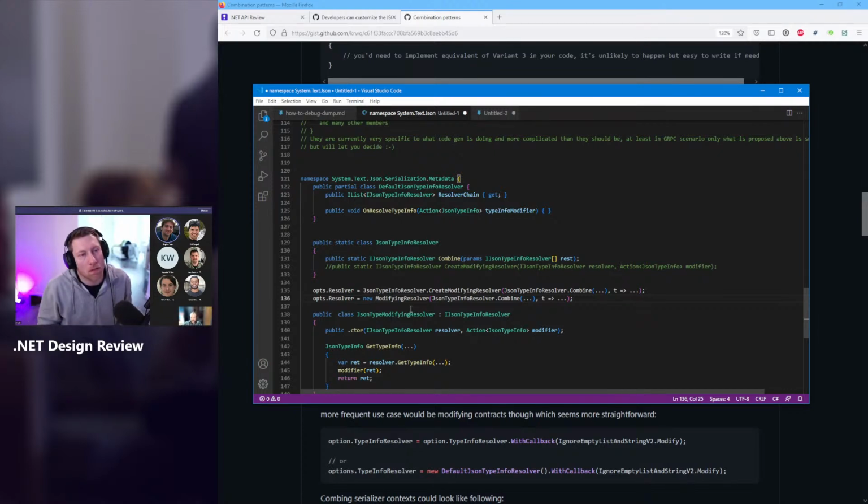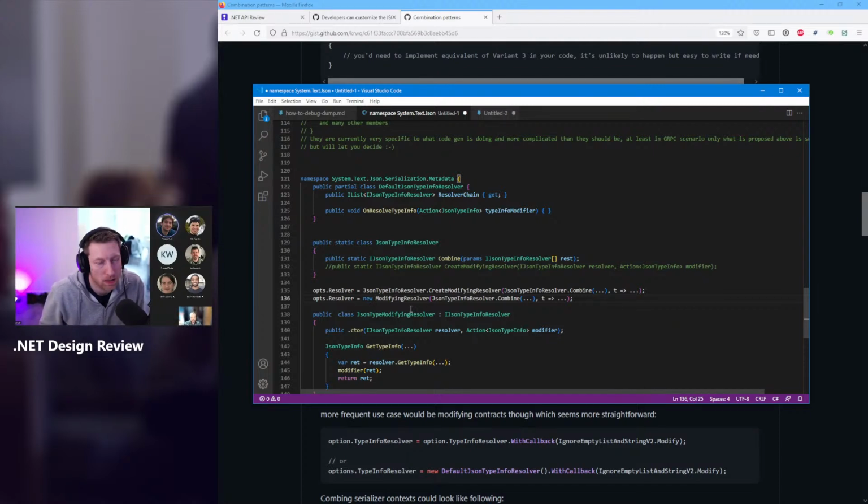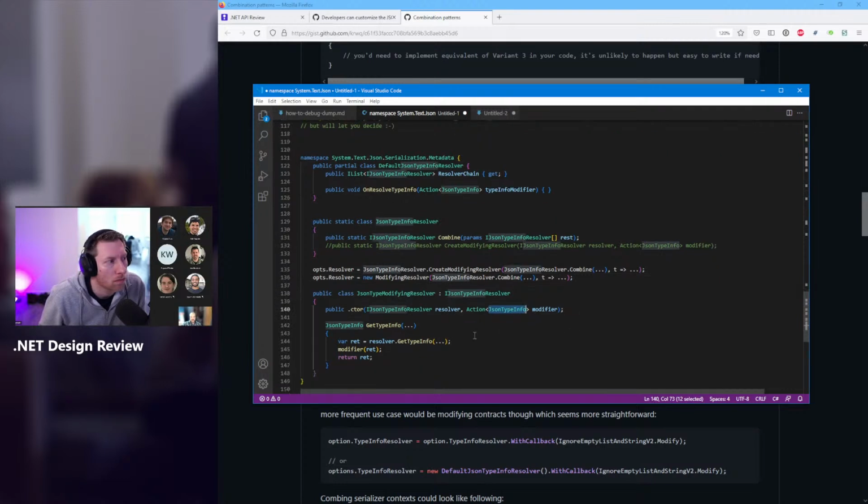It gets the data from that other resolver, and then it modifies it before constructing a new resolver based on that modification. Well, this modifies the returned type info object, so it's the last ditch. Go tweak this before we actually use it for serialization.